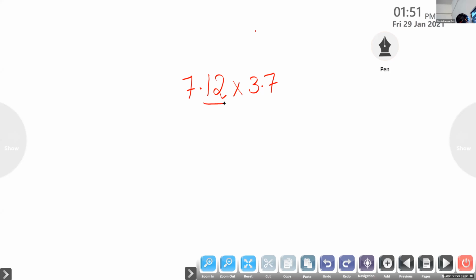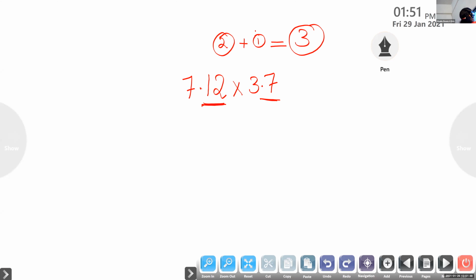Look at the question here. How many decimal places are there in the multiplicand and the multiplier? Here, how many decimal places? 2. Here we have 2 decimal places. And here how many? 1. So total how many decimal places? 3. So children, you have to keep this in your mind. Here we have 2 decimal places and here we have 1 decimal place.